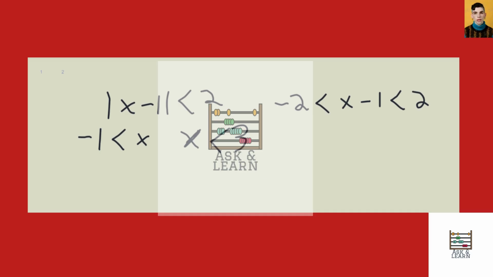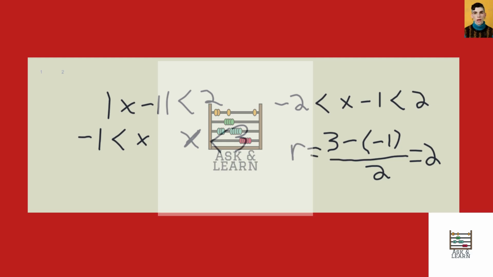But we do know that the length of our interval of convergence is 3 minus minus 1, which is 4. The radius of convergence is the length of the interval of convergence divided by 2, so we get 4 divided by 2, so 2. So 2 is our radius of convergence here.